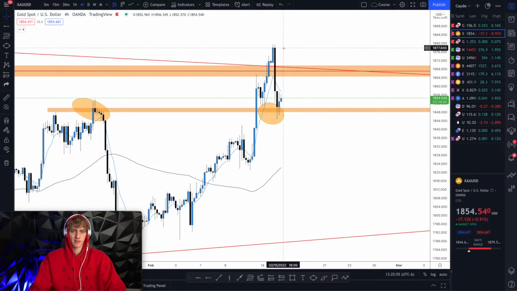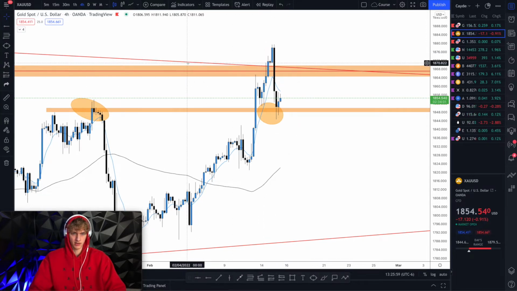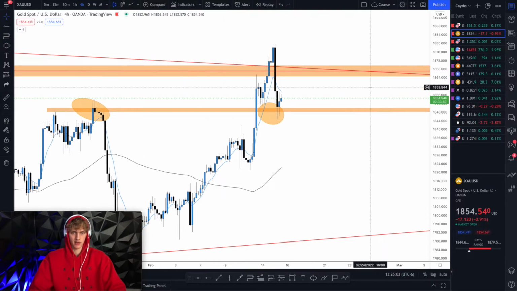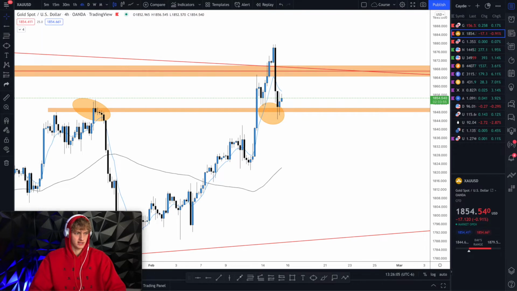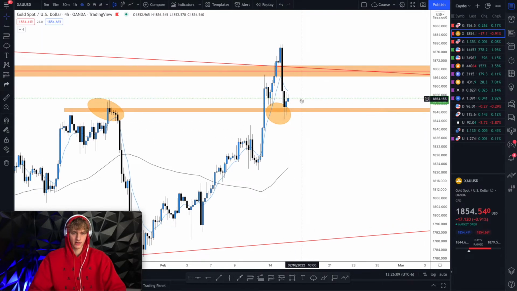And you guys have to keep in mind there's technical analysis, which is these bars that I'm drawing right here, these trend lines, the support and resistance, and then there's also fundamental analysis. If you guys know anything about the world that's happening right now, there was some Russia and Ukraine stuff.